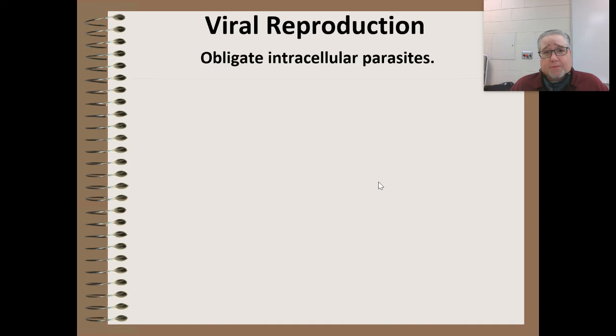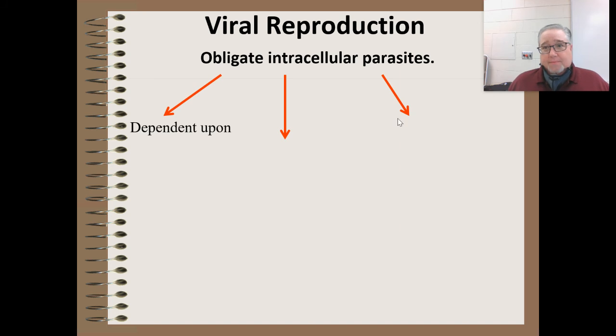All right. Now, the biggest thing I think about viruses that we have to understand is how do they cause disease? Like, how do they function if they're not living? And this term here is called an obligate intracellular parasite. And this is what viruses are. Let's break this term down here. The term obligate means that they're dependent on something. These are organisms that cannot live on their own.